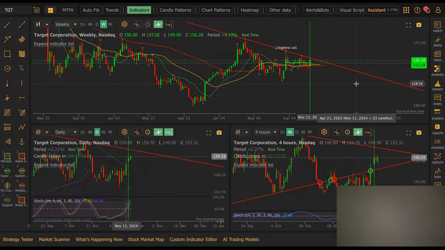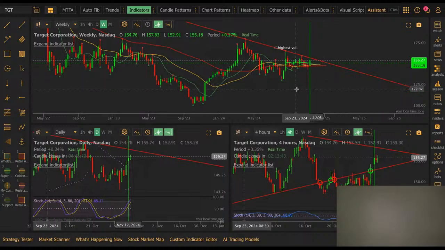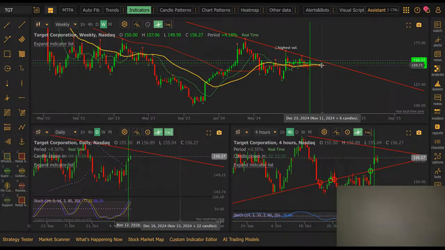Now, if the alligator is sleeping, what else can it do? There's three modes of the alligator: sleeping, waking up, and eating. Right now it's sleeping. When the alligator starts waking up, you'll see the EMA start to trend up.